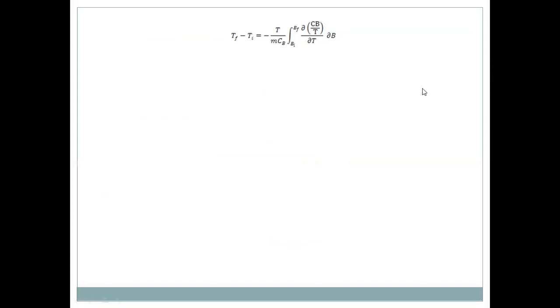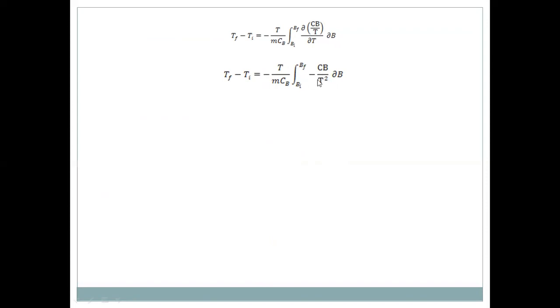But when we differentiate, ∂ by ∂T of 1 by T is minus 1 by T squared, because d by dx of 1 by x is minus 1 by x squared.